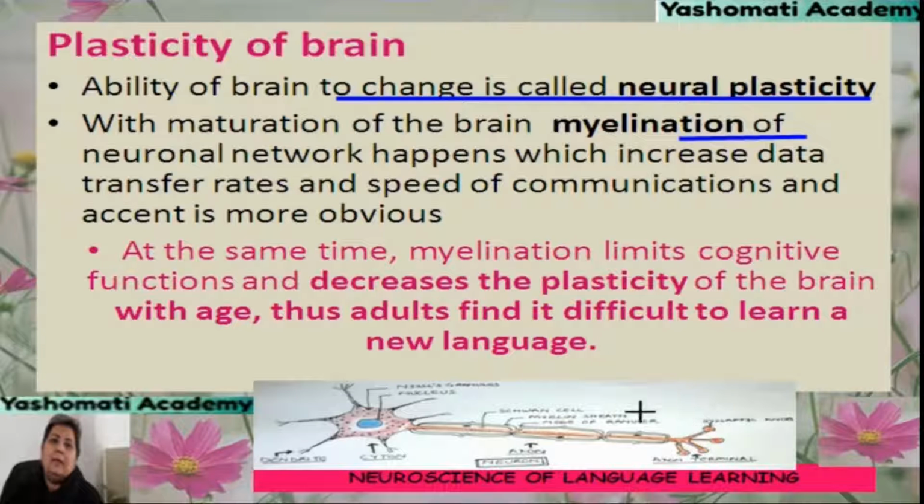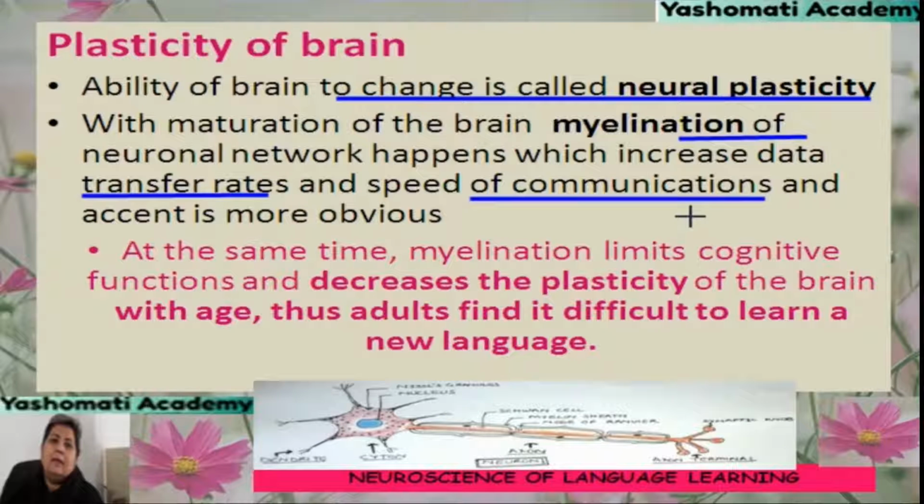When we studied nerve impulse conduction, we studied that a nerve impulse travels at a faster rate in a myelinated neuron as compared to a non-myelinated one. When the neurons mature, they develop this myelin sheath over them. Because of that, the speed of data transfer increases, and because of this, the speed of communication also increases because nerve impulses will be able to travel faster.